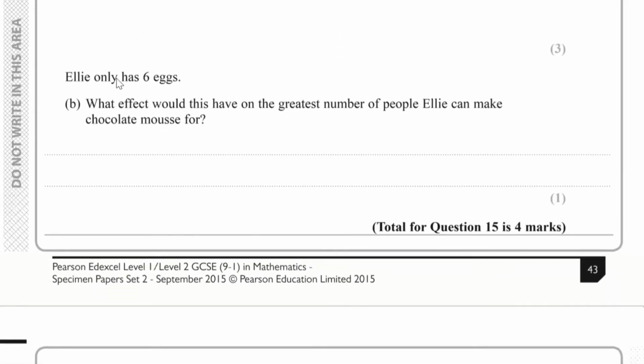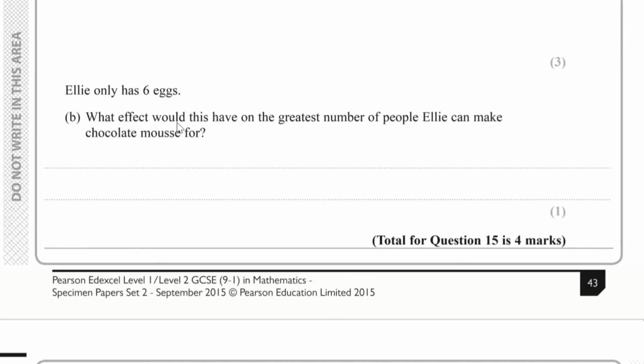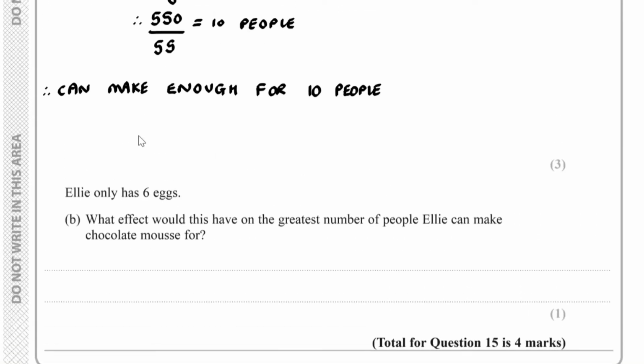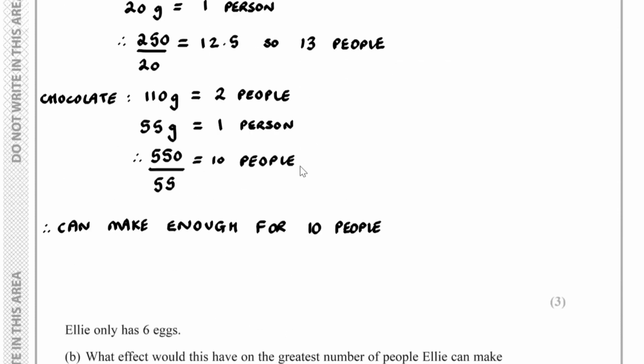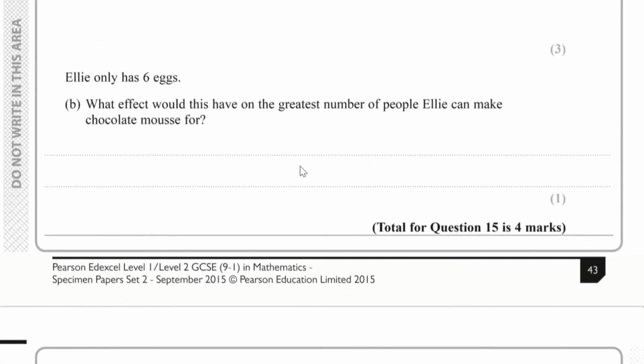Now Ellie only has 6 eggs. What effect would this have on the greatest number of people Ellie can make chocolate mousse for? Well, we know for this ingredient we require 2 eggs for 2 people.